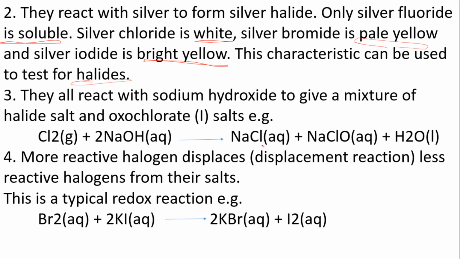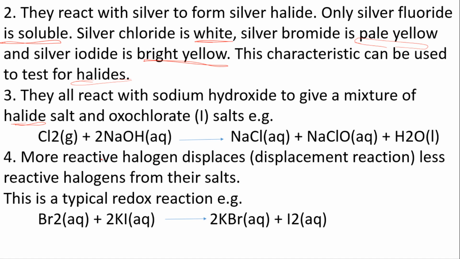They form a mixture of the halide salt, which is sodium chloride, for example, then oxochlorate salt, which is sodium oxochlorate(I), and water. Please, it's very, very important. Automatically, when you add them with a base, they are going to form two salts, sodium chloride and sodium oxochlorate(I) salt.